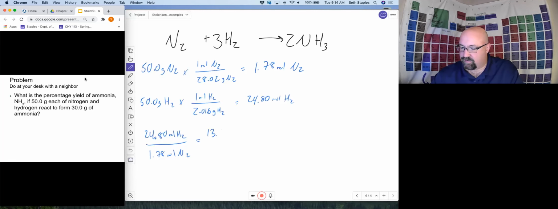We have 13.9 moles of H2 per every 1 mole of N2. And so again, this is what we actually have in this particular reaction with these particular given starting amounts. What we need, we look back at our balanced chemical equation, we see that we need 3 moles of H2 to every 1 mole of N2.